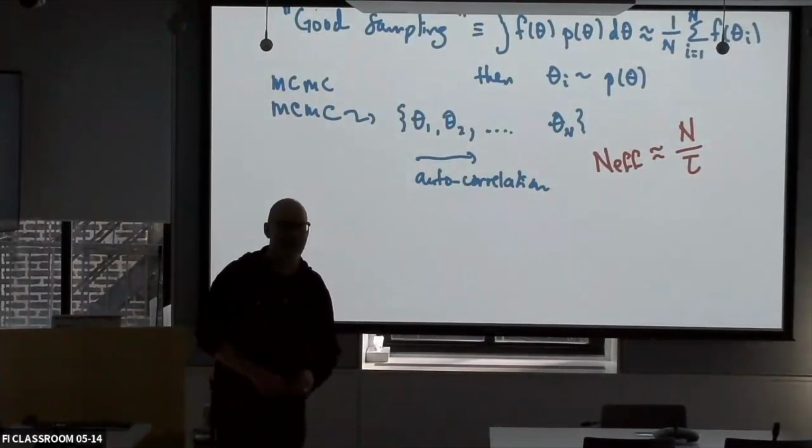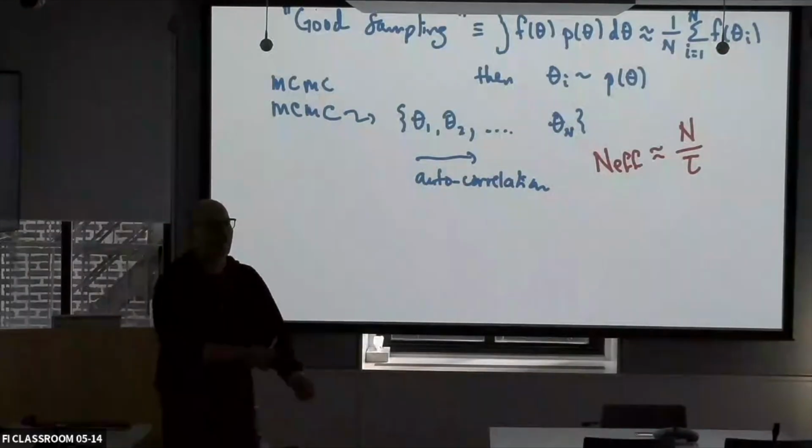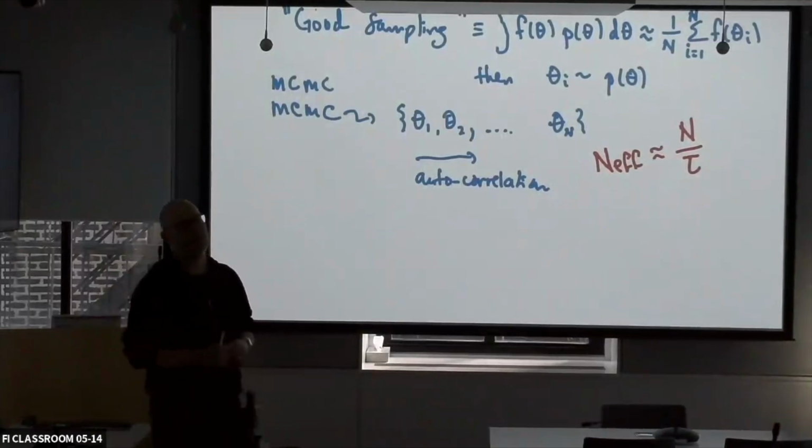You can do better than n if they're negatively correlated. It's almost impossible to set that up with the MCMC methods we actually use. There might be some other edge cases where somehow the correlations don't hurt you. I think there might be some situations like that, but I haven't figured out what those are. That's out of scope for me.